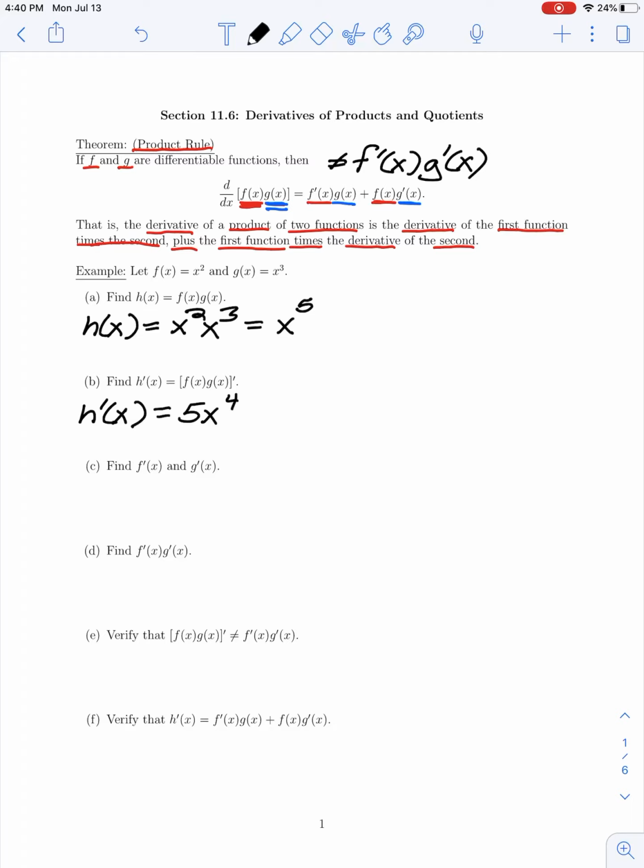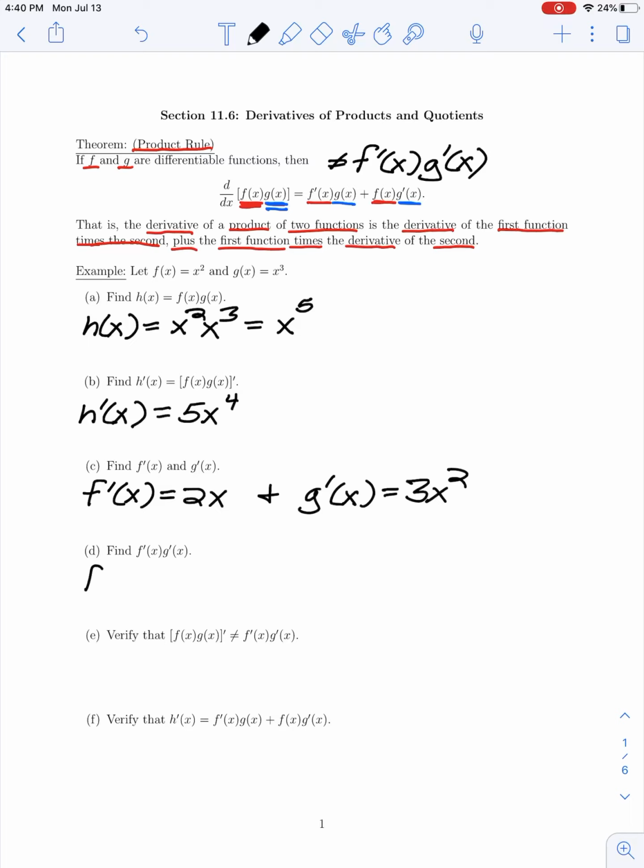Now in part C, we're asked to find individually f prime of x and g prime of x. So here f of x was x squared. So f prime, the derivative, would be 2x to the first power. And g of x was x cubed, so g prime is 3x squared. Then in part D, we're asked to find the product of the derivatives, f prime and g prime of x.